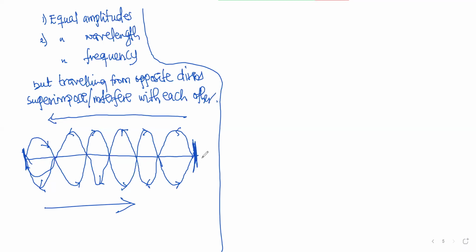So clearly, they are traveling from opposite directions. And when they interfere, it creates it. What is the wavelength? The wavelength of the incident, 1, 2, 3. So we have almost 3 complete waves, which is actually the frequency. And the wavelength of the reflected wave must also be the same. Then it creates a stationary wave.